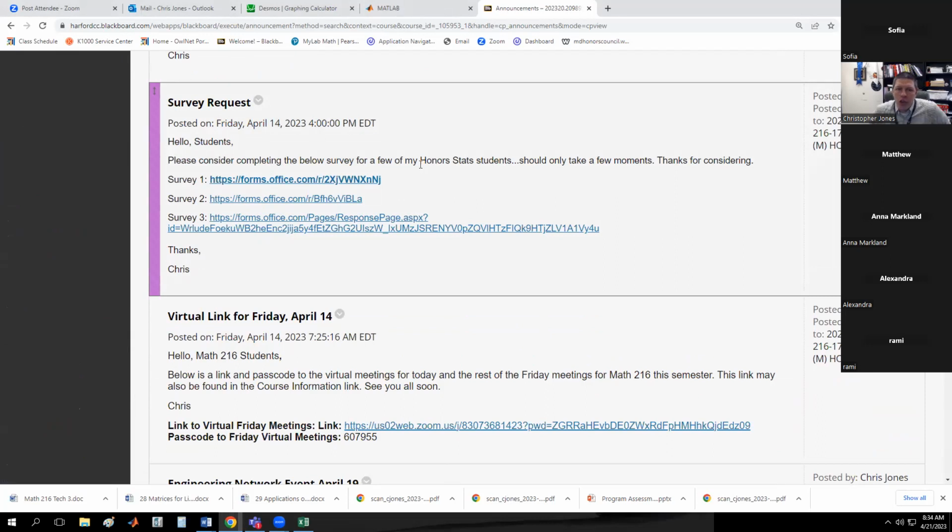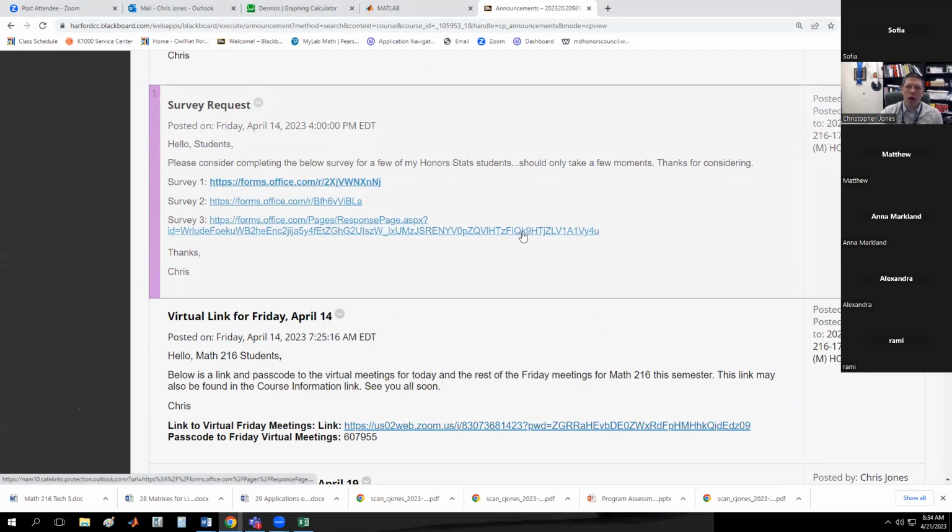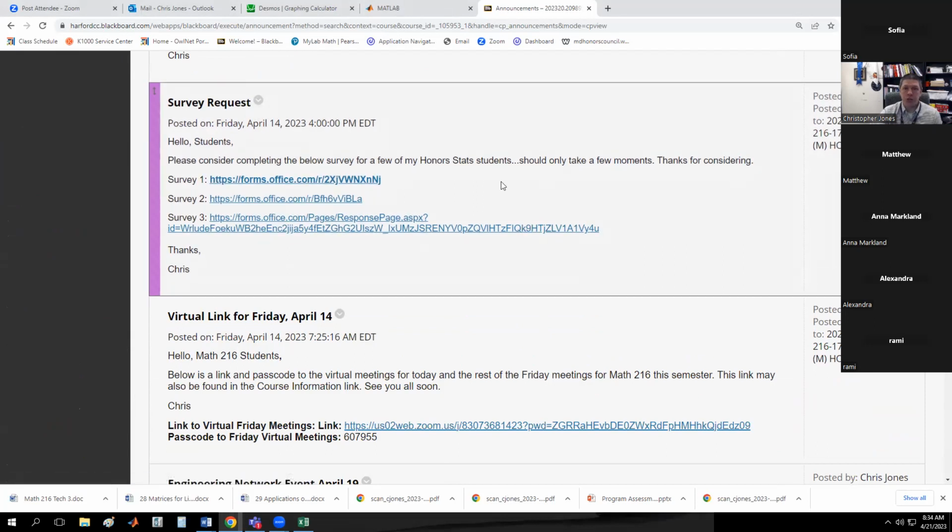If you haven't done this yet, take a few moments to complete these. There's only 3 of them, it won't take too long. Just do your peers a solid and complete those. I'm sure it'd be very helpful for them to get some data. I took all 3 of them, and they took me about 1 minute a piece. I think you guys can spare a minute to do those.